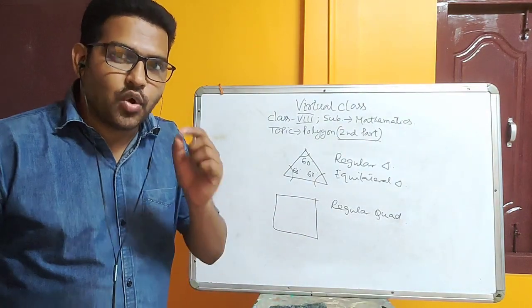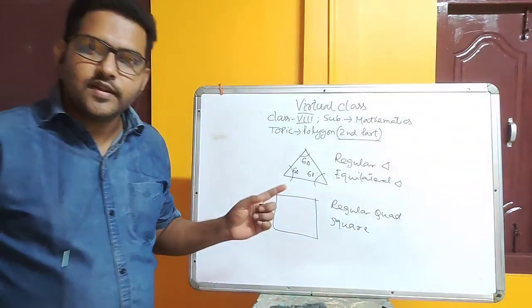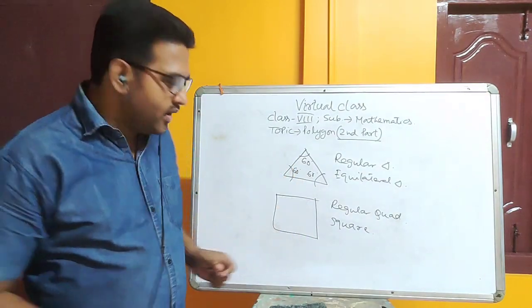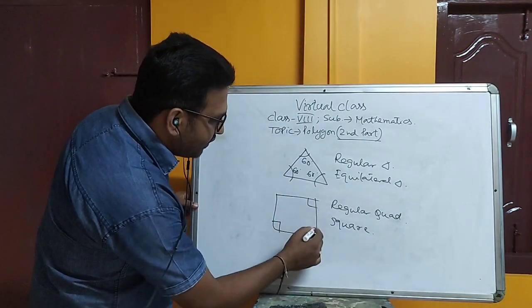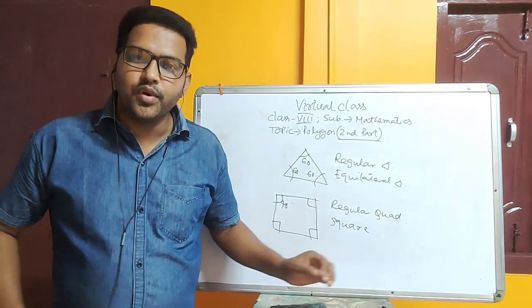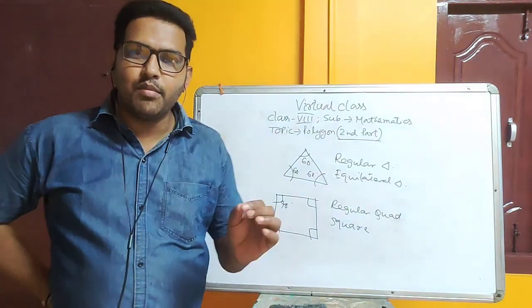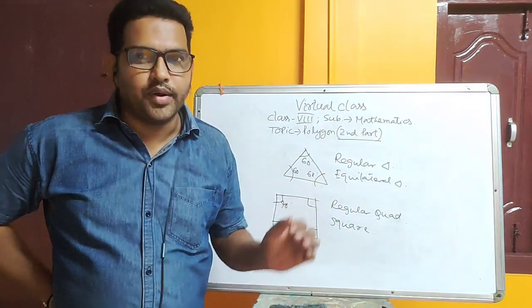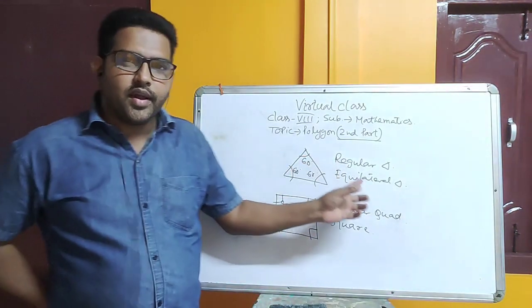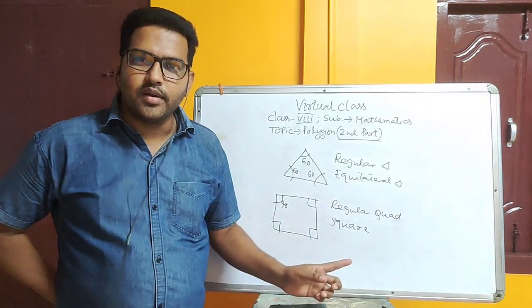It's a square, in which all the sides are equal and all angles are also equal. And let me tell you, each angle is 90 degrees because 90 into 4 is 360. That is what I discussed in my previous class, that the sum of all interior angles of a quadrilateral is 360 degrees. Now, a regular triangle is an equilateral triangle, and a regular quadrilateral is a square.